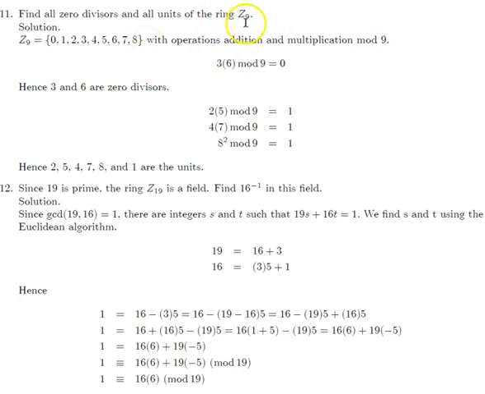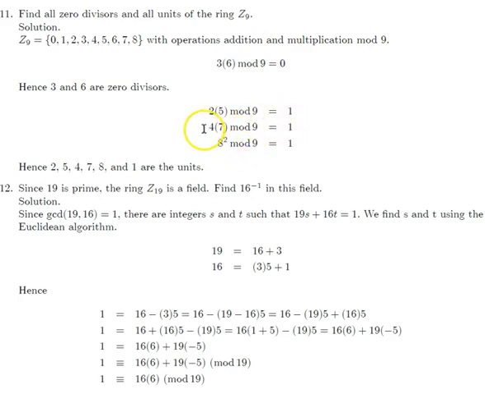Since 9 is 3 squared, the zero divisors are the non-zero multiples of 3, and these are 3 and 6. And we see 3 and 6 are non-zeros, but 3 times 6 is 0 mod 9. So 3 and 6 are zero divisors, and there is no other zero divisor in Z9.